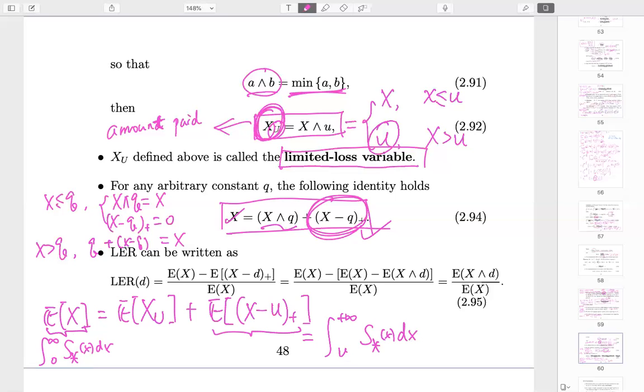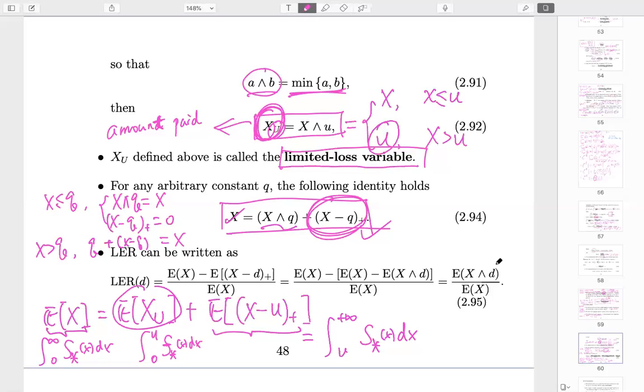So you can easily figure out that this is the integral from 0 to u of the survival function of x dx. Everything is nicely expressed in an integral form of the survival function of the original loss. That's why things are relatively easy to handle here.